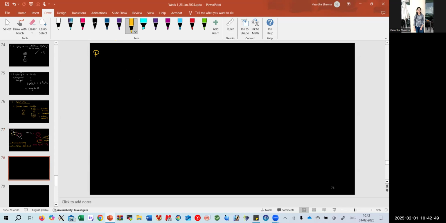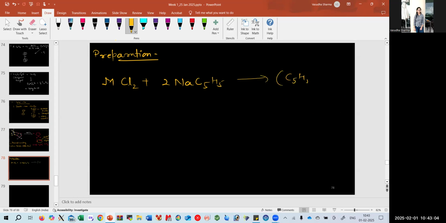So now we will start with the preparation. In preparation, we have a metal salt, metal chloride, and when we are treating it with two molecules of NaC5H5, it would form (C5H5)2 metal. Here the metal would be vanadium, chromium, manganese, iron, cobalt.